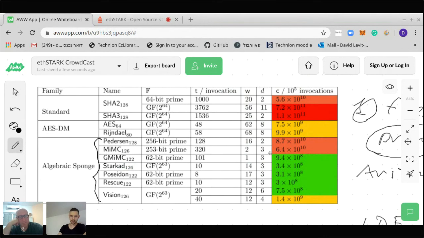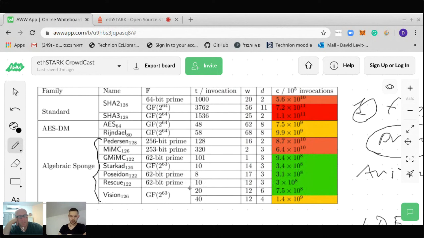But when we compare, for instance, Rescue and Poseidon, then we see that first of all they are of the same field type, the same field size. So they are quite the same degree, and the proving time of both is quite similar. So we see that they are not that different.